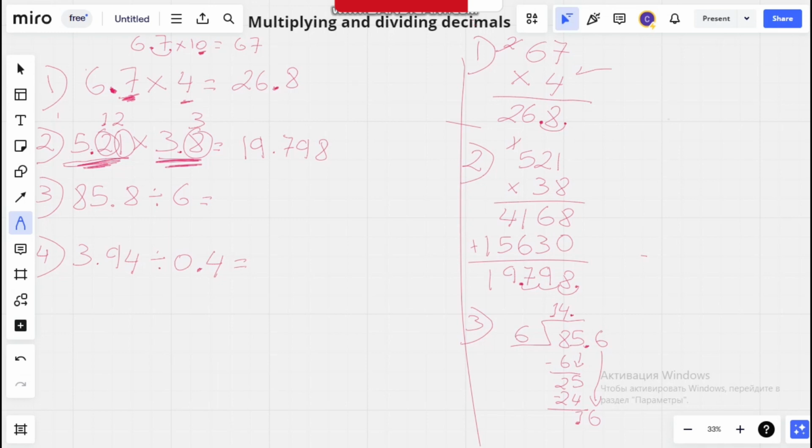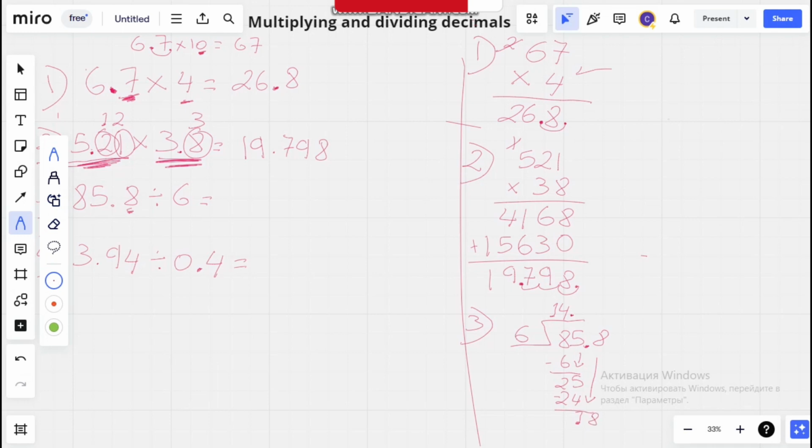Oh, I wrote 6. My apologies. It's actually supposed to be 85.8. Let me just erase that real quick. So it's 85.8. So you bring down the 8.